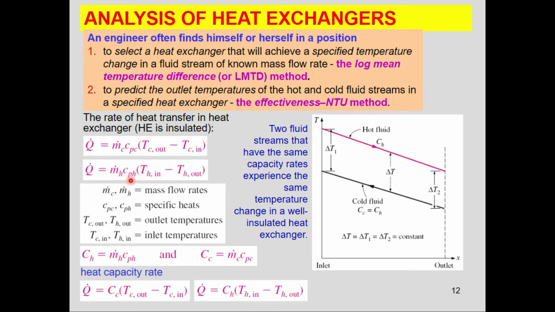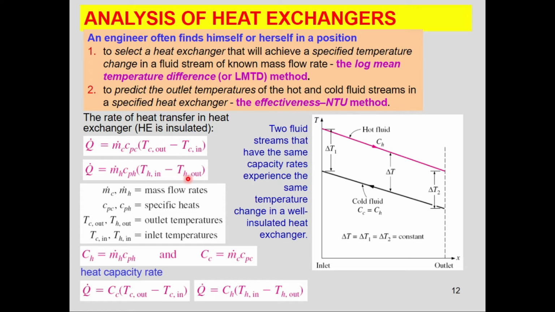Cph is the specific heat for the hot fluid, and this is the temperature difference. Th,in is the temperature of the hot stream at the inlet, which obviously has the higher value, minus the temperature of the hot stream at the outlet of the heat exchanger, which obviously has a lower temperature. So this is the delta T for the hot stream.